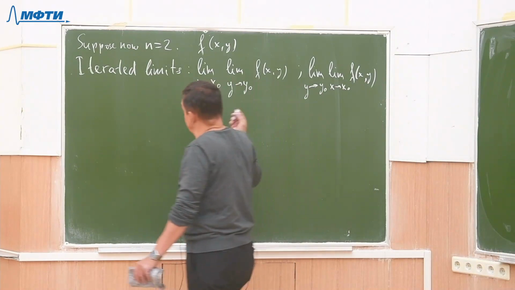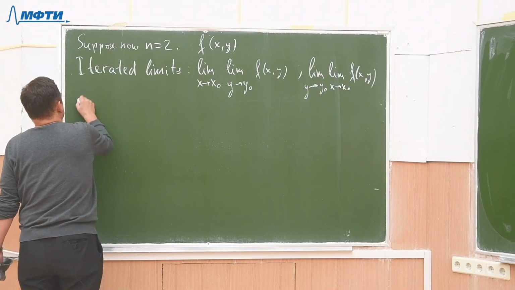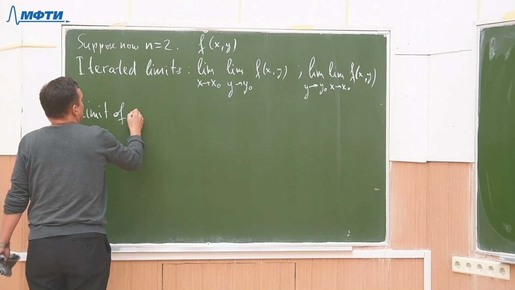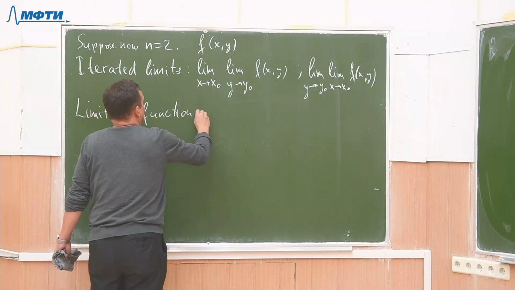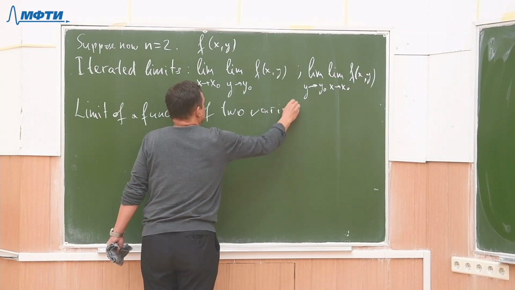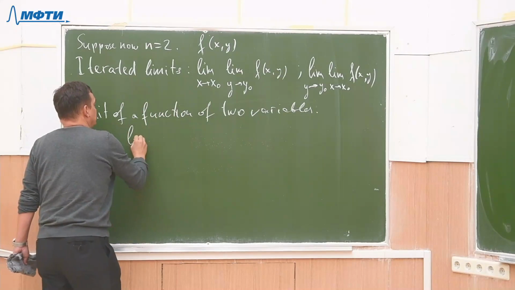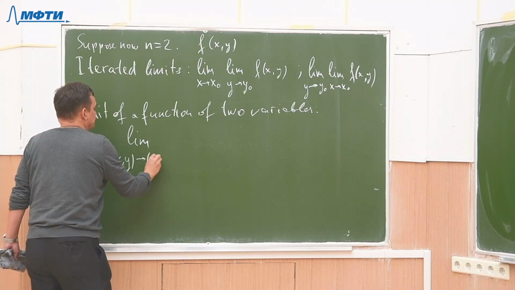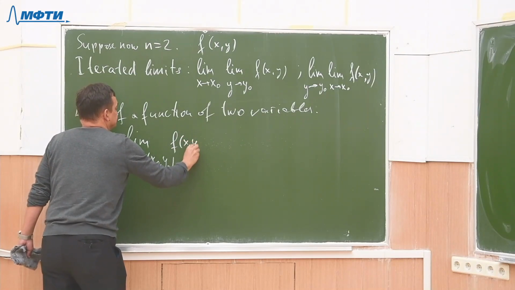And also the limit of a function of two variables, as it was defined, limit as x, y tends to x naught, y naught of f of x, y.